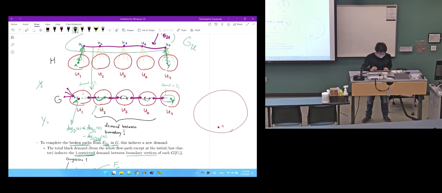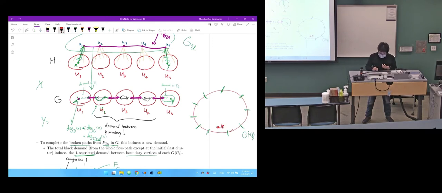So the flow, the demand that it is at, actually, sorry, actually you don't need to think about this part. So in this graph with battery, there are battery edges and a non-battery node X here.